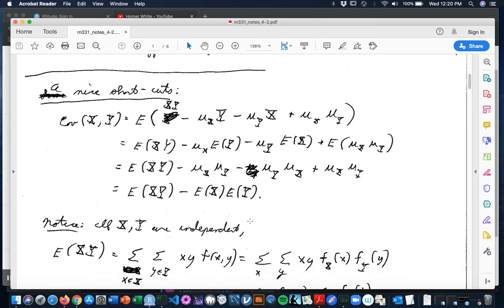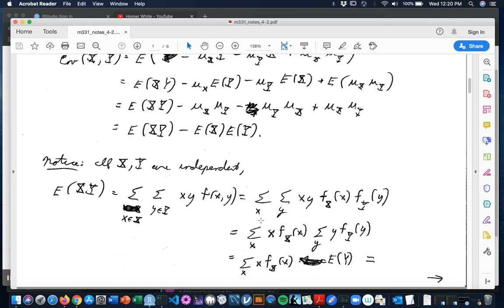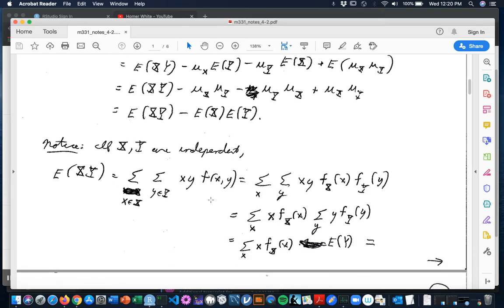Okay, so now that we got this shortcut, we need to really investigate what does the covariance mean? To begin with, I'd like to point out what happens if two random variables are independent. This affects what their covariance would be.